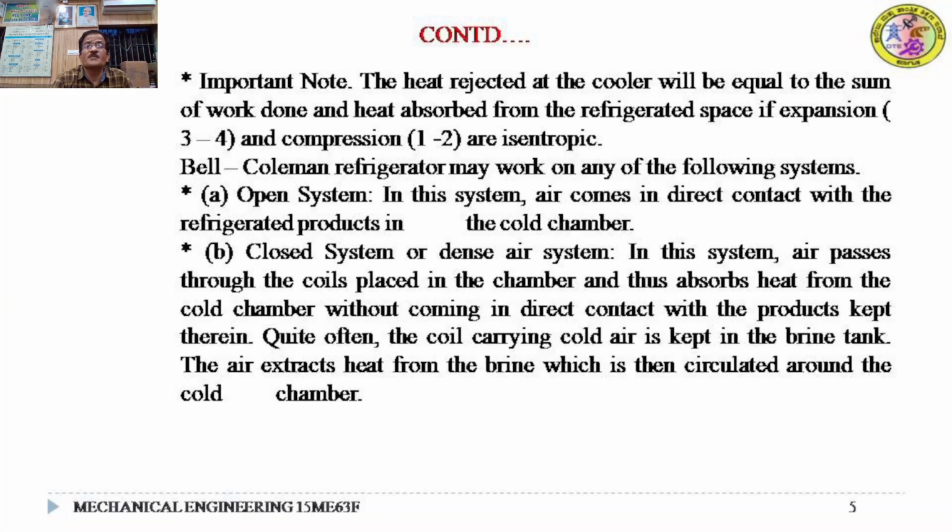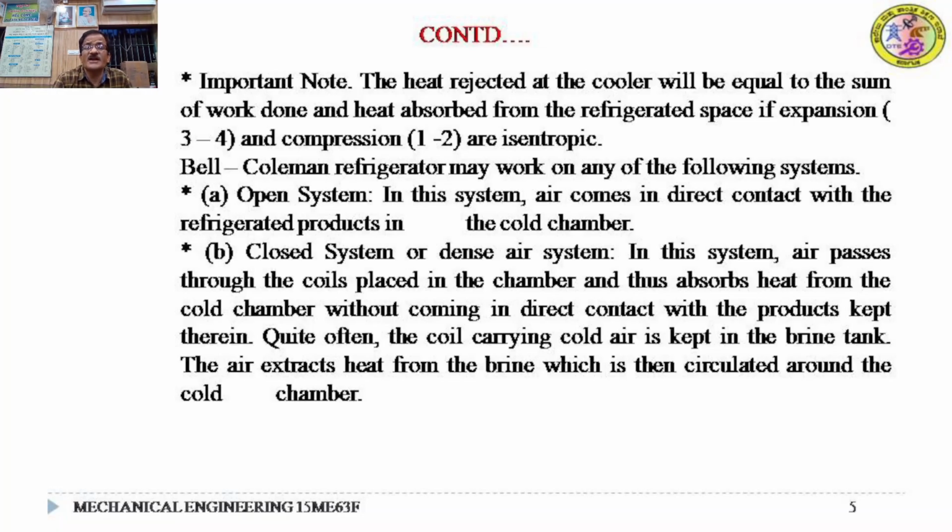A Bell Coleman refrigerator may work on either of two systems: an open system or a closed system. In the open system, the air comes in direct contact with the refrigerated products in the cold chamber, so the cold air comes in contact with the foodstuffs and absorbs the heat. Whereas in the closed system, also called the dense system, the air passes through coils placed in the chamber and thus absorbs heat from the cold chamber without coming in direct contact with the products kept therein.